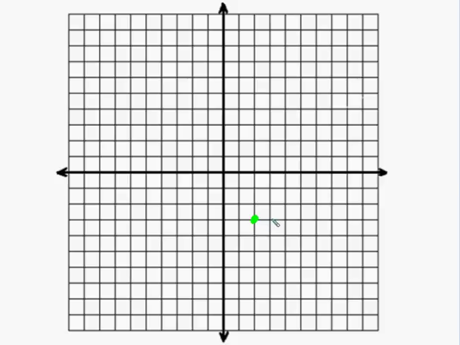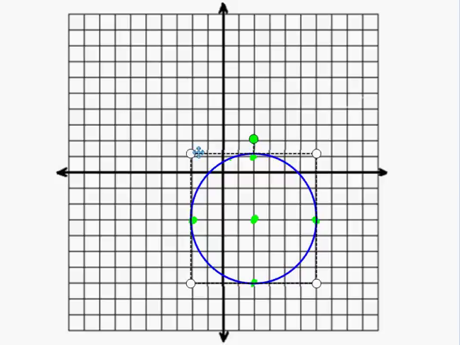So I'm going to count right 4, up 4, left 4, and down 4. That gives me 4 points to work with. And if this is a circle, well, I'm going to connect all those points, right? Oh, look at that. That's so beautiful. That's a perfect circle. I'm such a good artist.